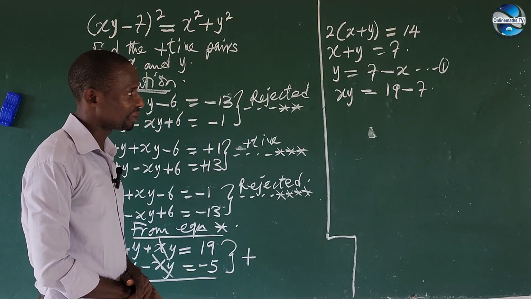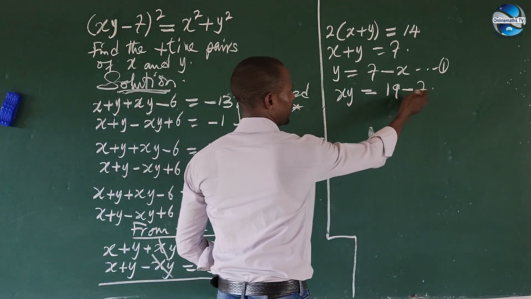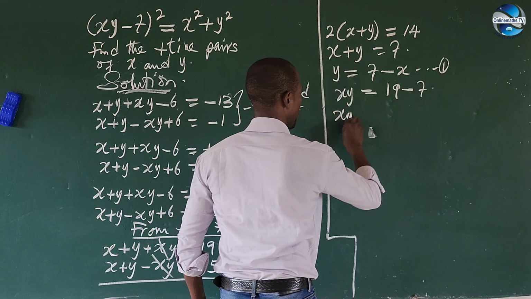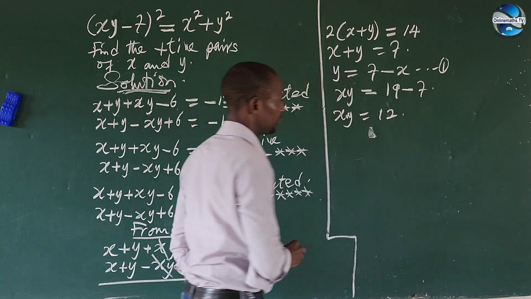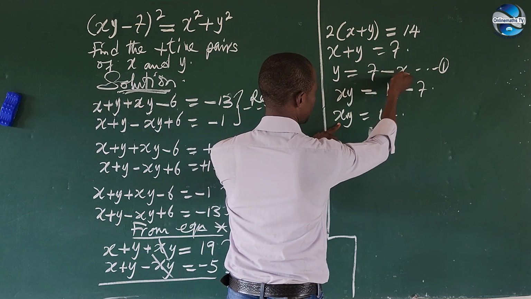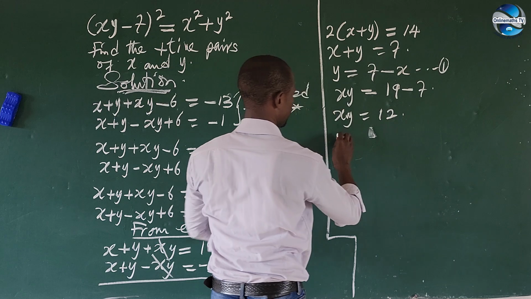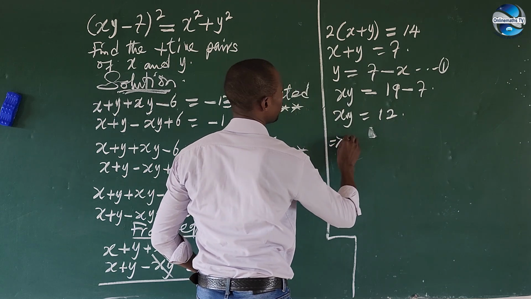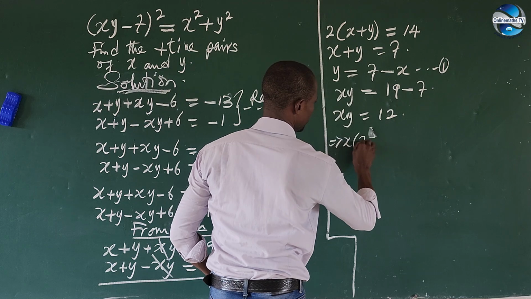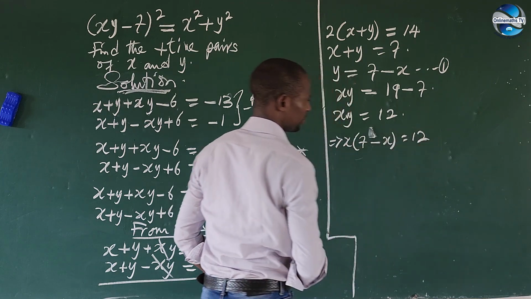Any confusion? No, right? So if we have this minus this will give us what? 12. So we have xy is equal to 12. So here we made y the subject of the formula already. So from equation 1, we can put in 7 minus x here. So this now implies that x times (7 minus x), everything equal to 12.